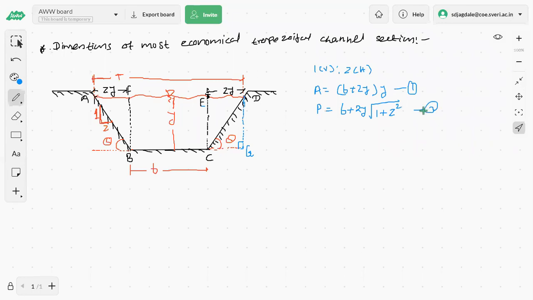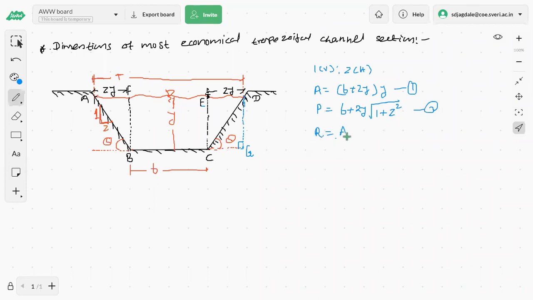Okay. So the perimeter we have written over here, then the wetted area we have written over here, isn't it? Then the hydraulic radius will be R is equal to A by P, that is the wetted area upon the wetted perimeter.